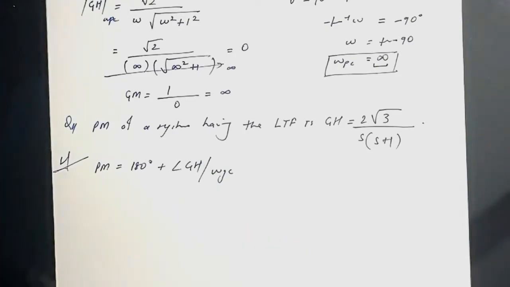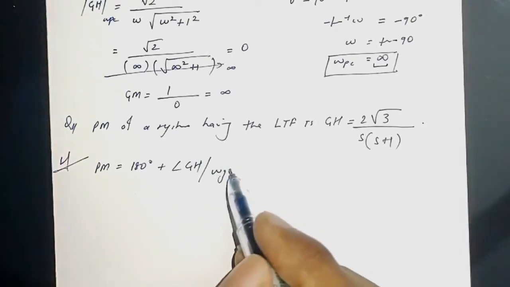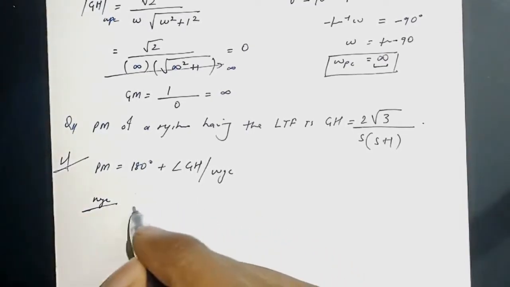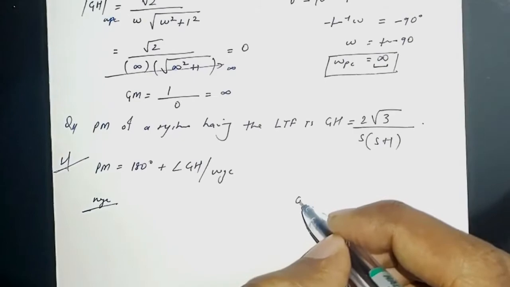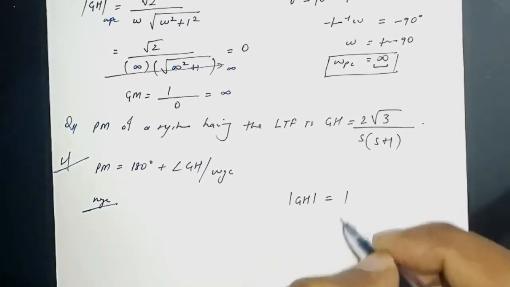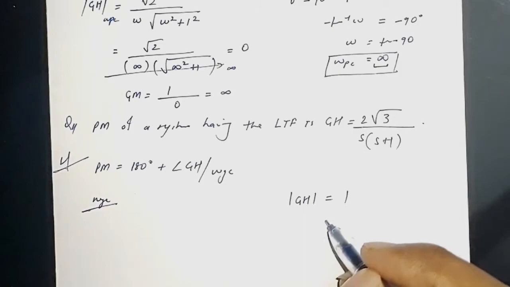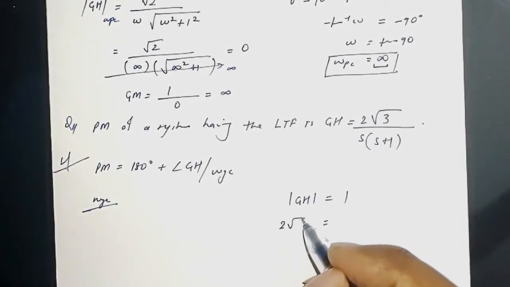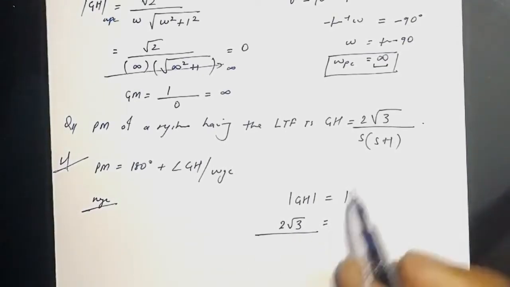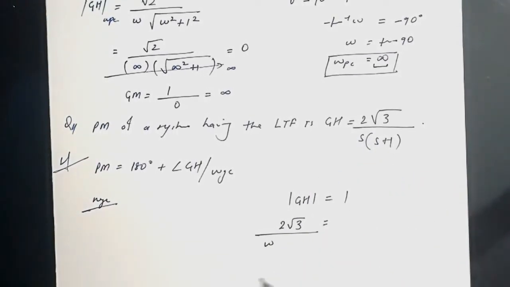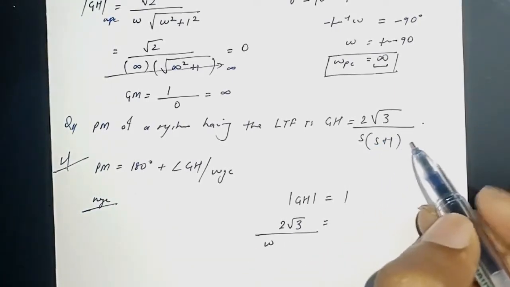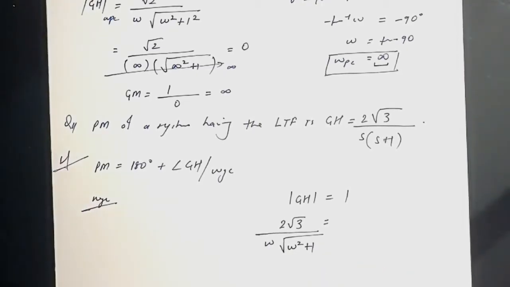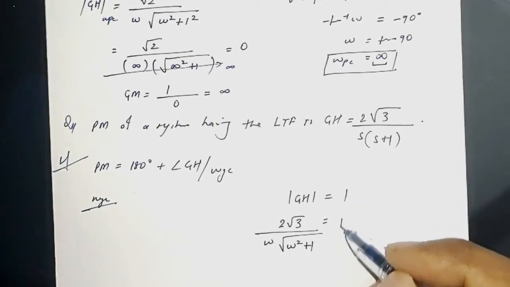So for this, first we have to get the value of omega gc. Omega gc is where the magnitude of the system response is equal to 1. So the magnitude of this thing is 2 under root 3; magnitude of j omega is just omega; magnitude of j omega plus 1 is under root of omega square plus 1 by Pythagoras theorem, and this is equal to 1.